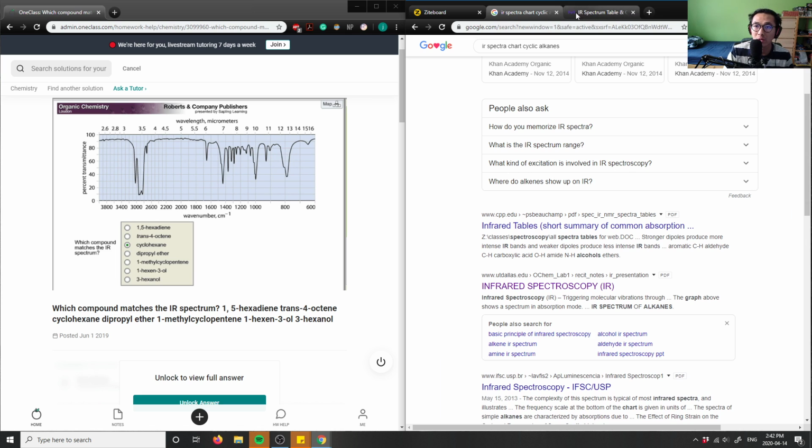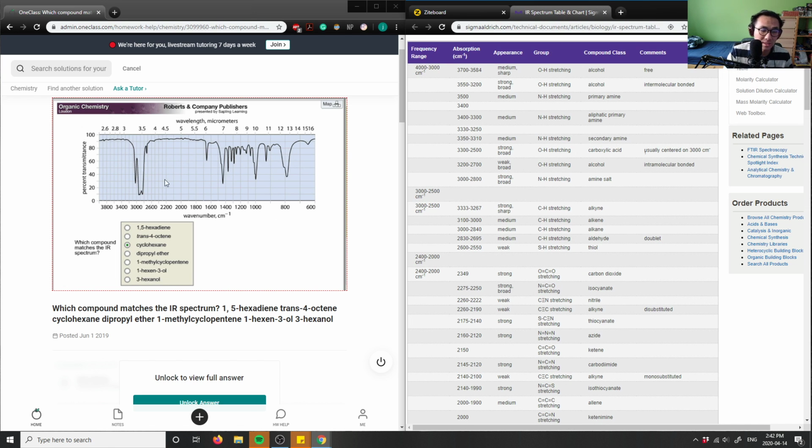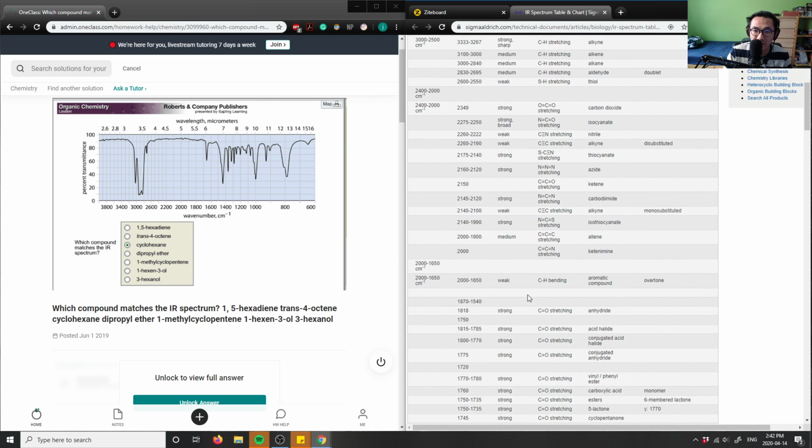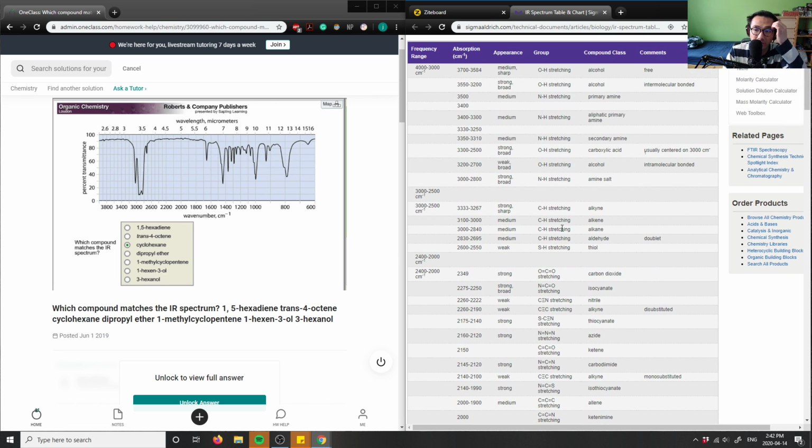But again, my graph here stated that the 3000 to about 2900, 2800 range would probably refer to an alkane, right? There's simply just the stretch between 2800 and 3000 here.